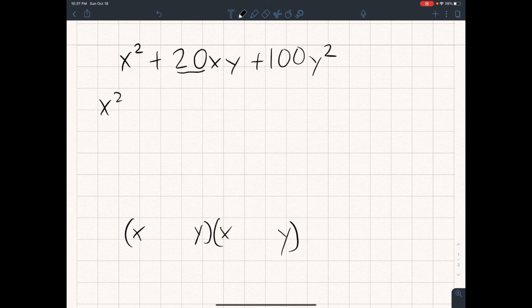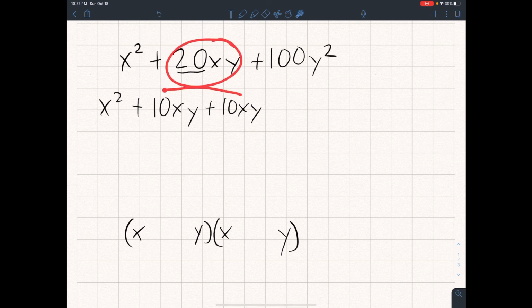Well, I needed to multiply to 100, and if I make 20 the same as 10 plus 10, and 10 times 10 is definitely 100. So let's rewrite this as 10xy plus 10xy, because 10xy plus 10xy definitely gives us 20xy, the same exact thing. So these terms represent the same number, plus 100y squared.